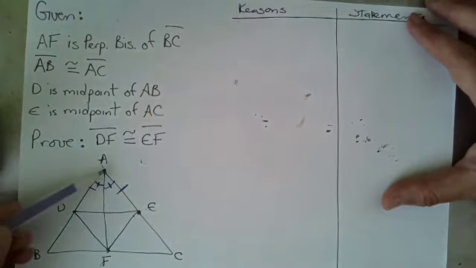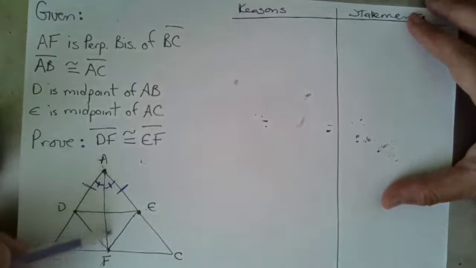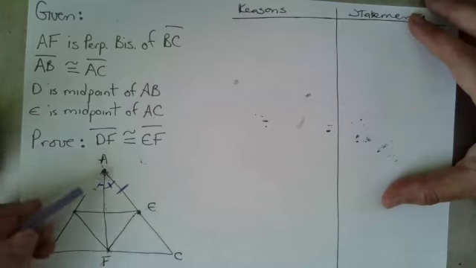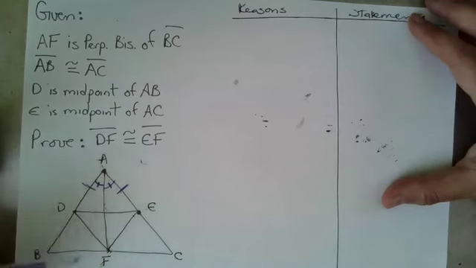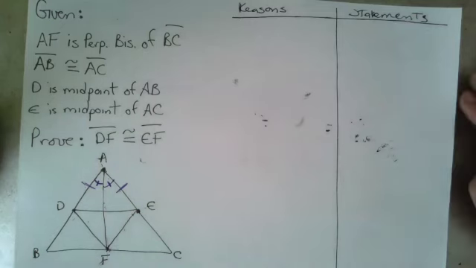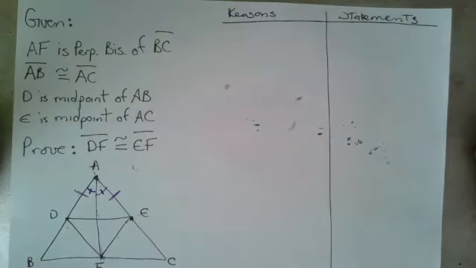And then finally, we have a reflexive side right there. And so side, angle, side shows me that this triangle is congruent to this triangle. And then CPCTC shows me that those guys are congruent. So let's go ahead and lay that guy out.